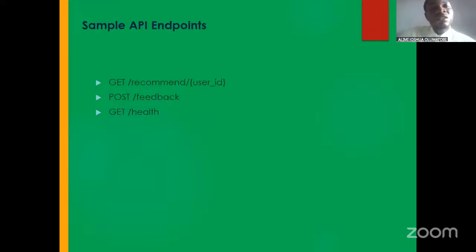And also sample API endpoints. Number one, we have GET recommendations by user ID. It is more or less like saying, give me recommendations for users. How does this work?